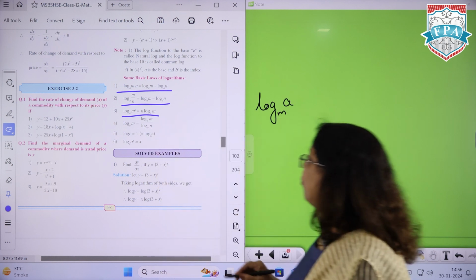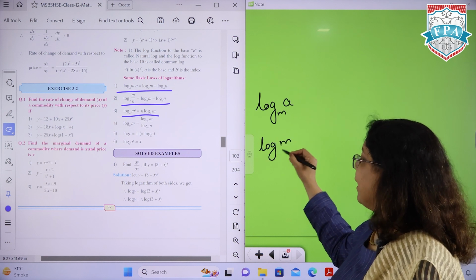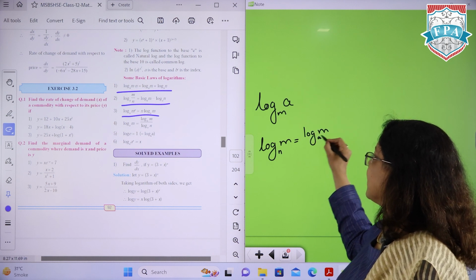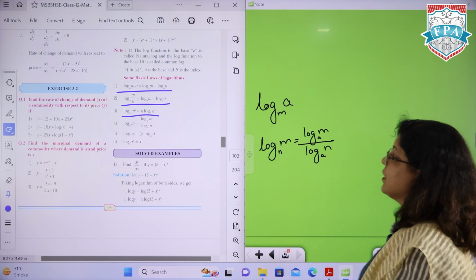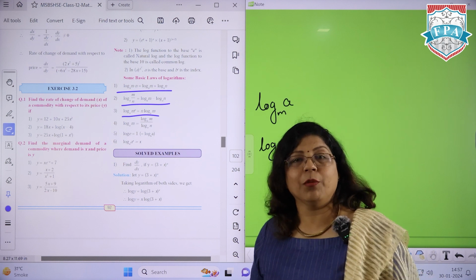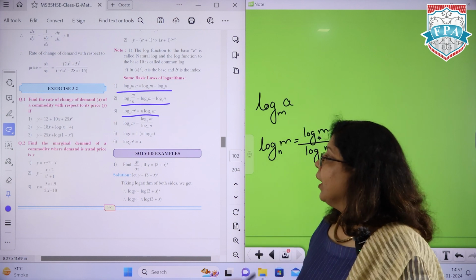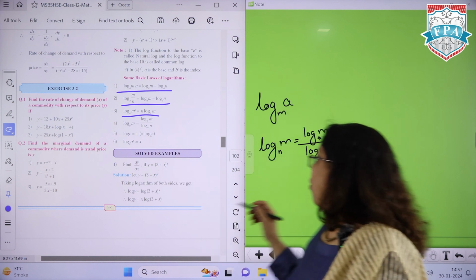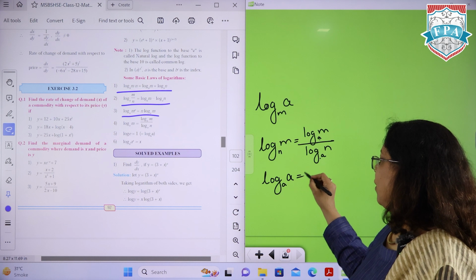And this is something new, how to change the base. If it's log m to the base n and you want to change the base, then it becomes log m to the base a upon log n to the base a. This a can be the common desired base which you want. You can go with the natural base e also, because the formula is mainly with the natural base. Then log e, which is the natural base, is coming as 1, because log a to the base a is always 1.